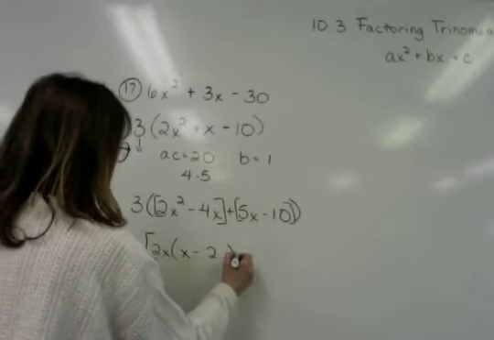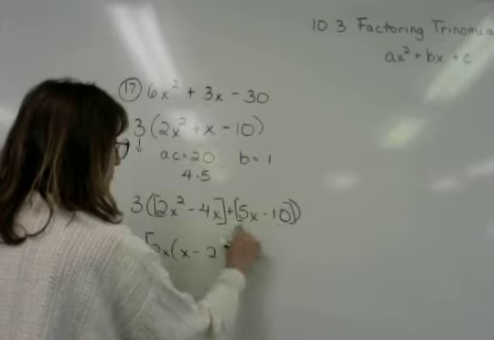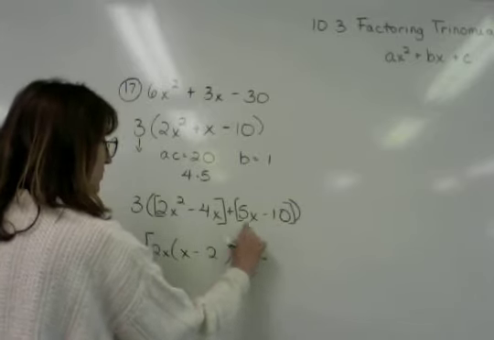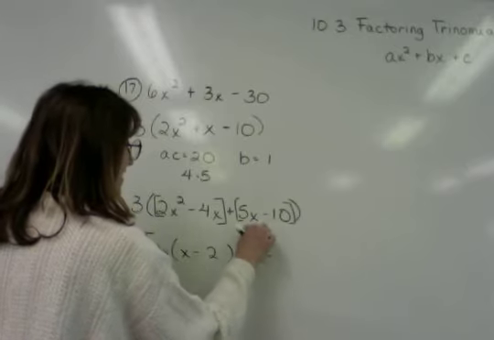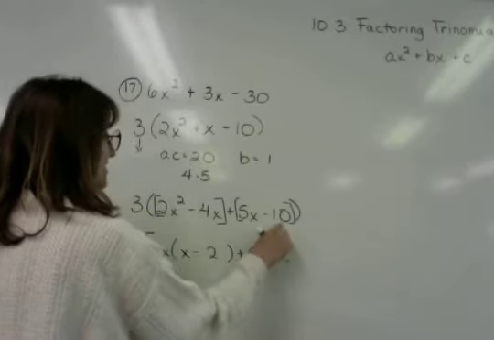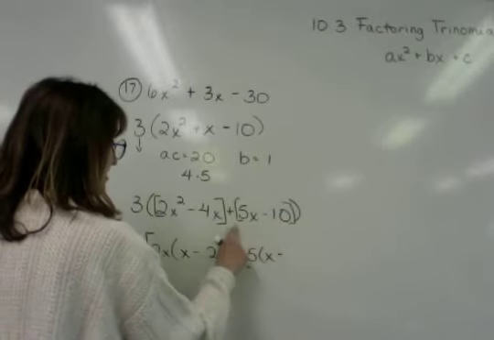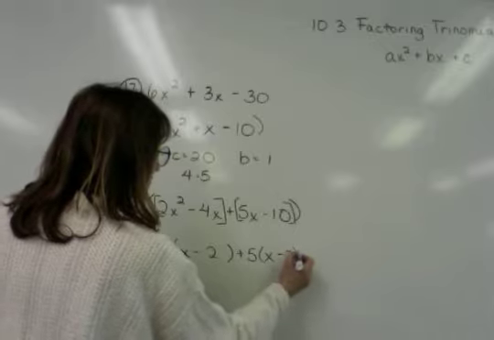Same thing over here. What number would be divisible? It's going to be that 5. 5x divided by 5 is just going to be an x. That negative 10 divided by the 5 is going to become 2.